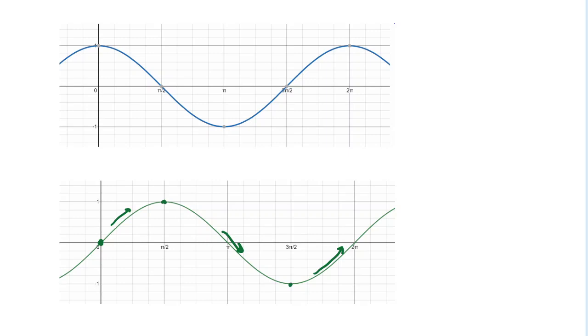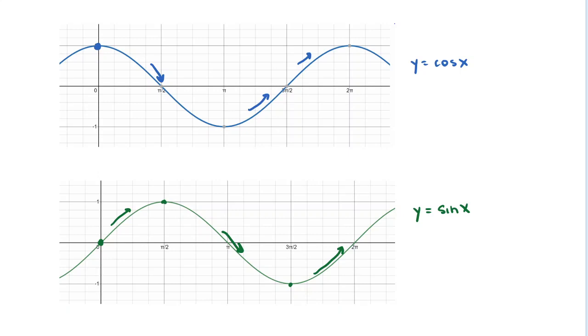And then the cosine function here starts at its peak at an output value of 1 and then oscillates back and forth. So here this is the equation y is equal to cosine of x, and then I'll label the bottom one in the same way. This is y is equal to sine of x.